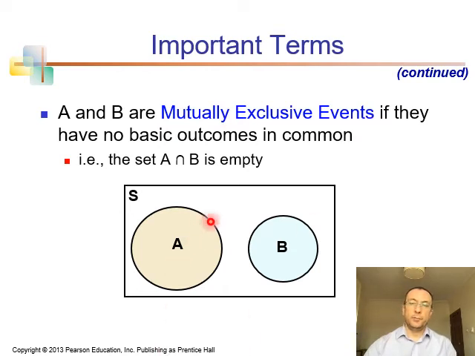So here we have event A, here event B, but they have nothing in common. So the intersection A intersect B is empty. If the intersection is empty, then this is called mutually exclusive events.